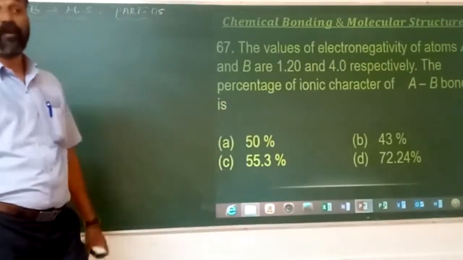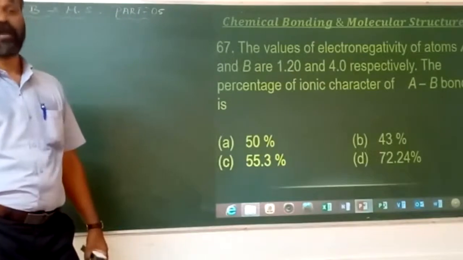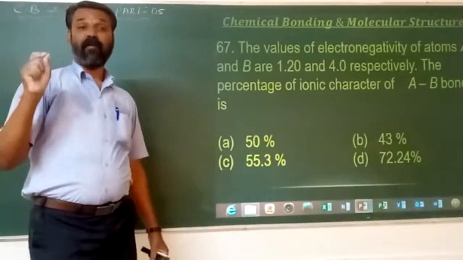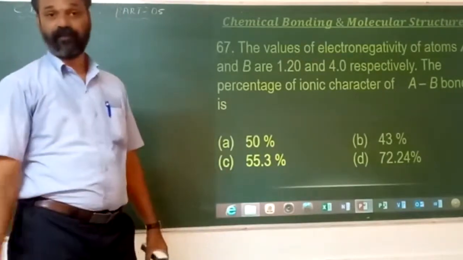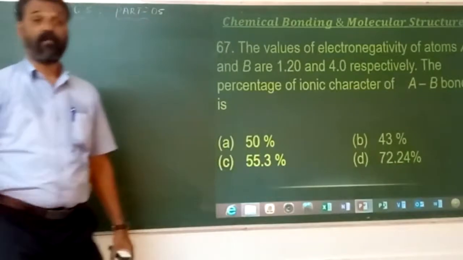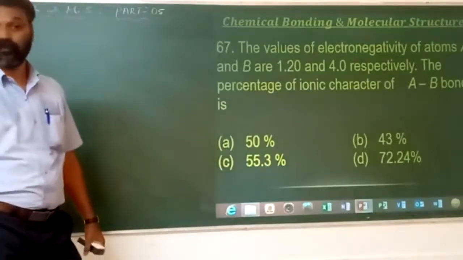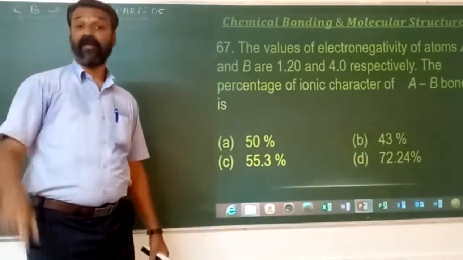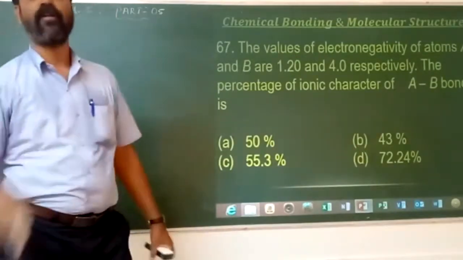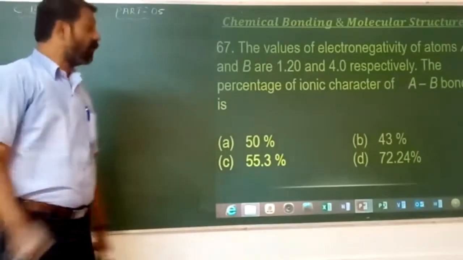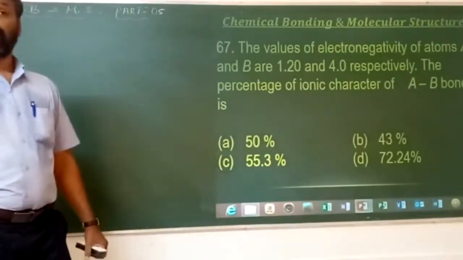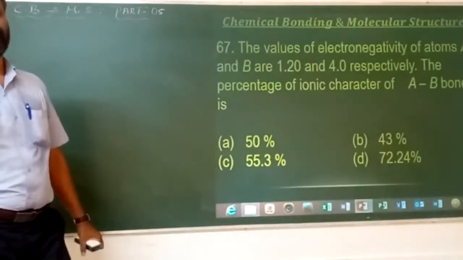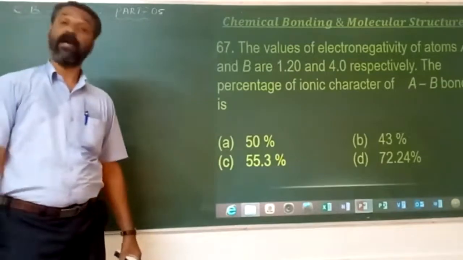Previously we calculated the percentage of ionic character by various methods: dipole moment experimental divided by dipole moment theoretical, or percentage of ionic character equal to root of x square plus y square plus 2xy cos theta, where theta is the inclined angle for the two different dipoles. Okay? Another is 1 minus e to the power of minus one-fourth into (xa minus xb) whole square, which refers to the percentage of ionic character.